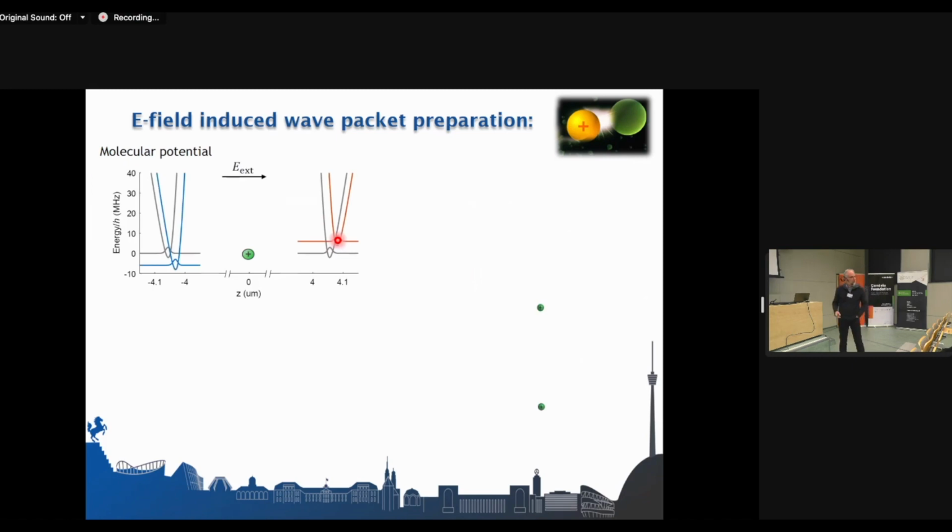Now, if you are applying an electric field, then several things happen. Yes, you are sort of polarizing this molecular ion in the sense that the whole Rydberg cloud is moving in one direction. On the right side, the minimum of the potential is moving to the right. And on the left side, it's also moving to the right.